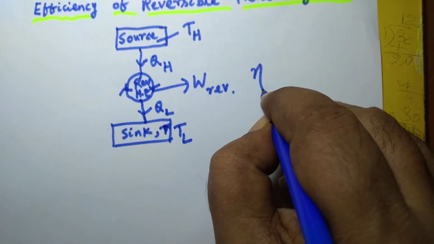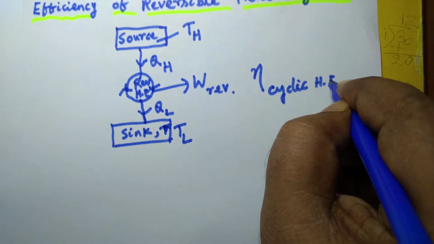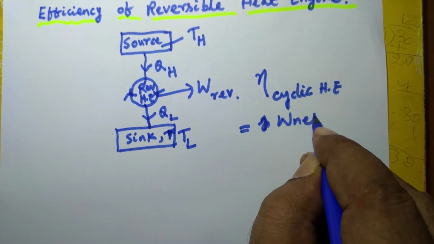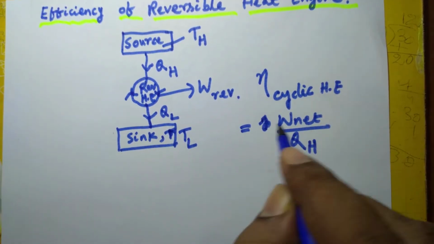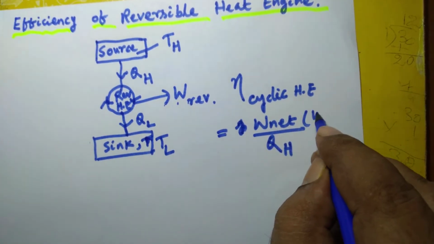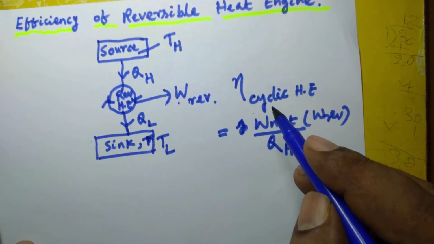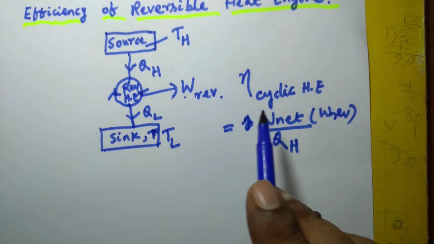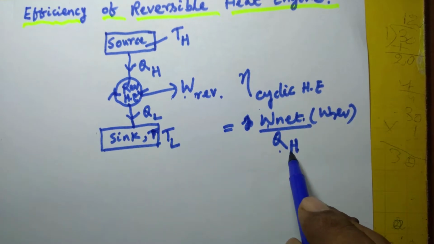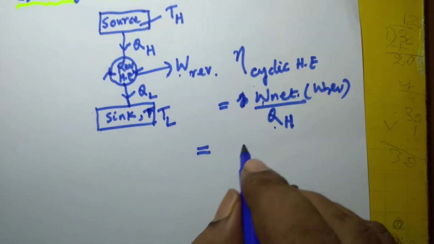We know that the efficiency of any cyclic heat engine is always equal to net work output divided by heat supplied. In this particular case, net work output is W reversible. It is applicable both for irreversible and reversible heat engines. Efficiency of any cyclic heat engine or any cyclic device is net work output divided by heat supplied. In this particular case, QH is the heat supply. And according to the first law of thermodynamics, sigma W cycle is equal to sigma Q cycle.